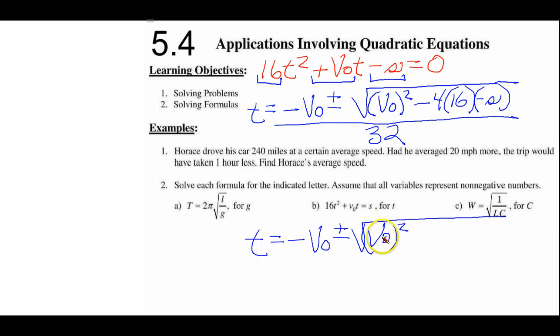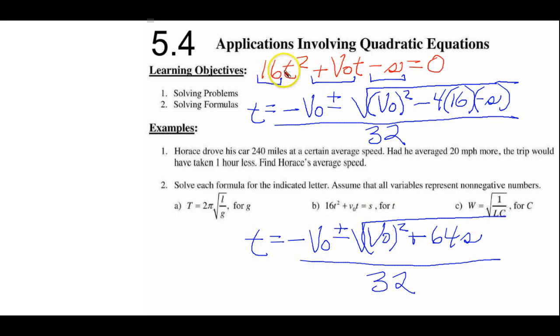It's this quantity squared. Now a minus times a minus is going to make this plus, and 4 times 16 is 64s all over 32. And that's the answer they have down below, and that's how we got it.